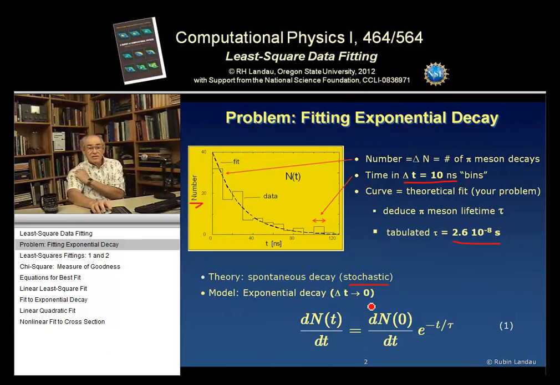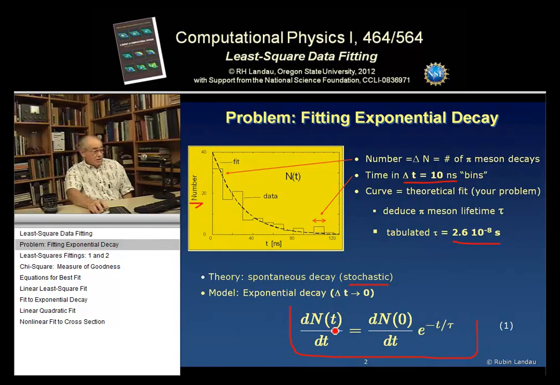What we know is that there's a separate theory of spontaneous decay based on small numbers. But if we take the limit of the time intervals becoming very, very small and the number of particles decaying, assuming they're very large, then for that approximation we get a model here, and the model is that of exponential decay.